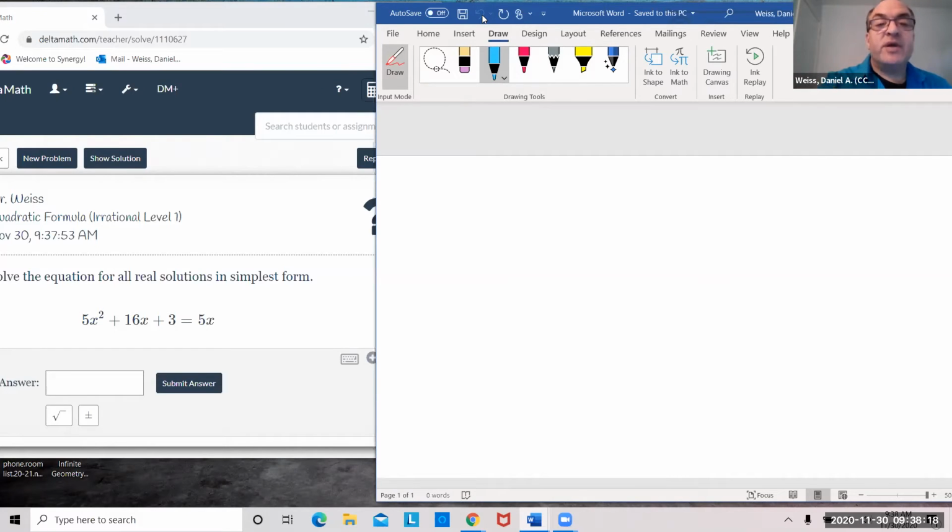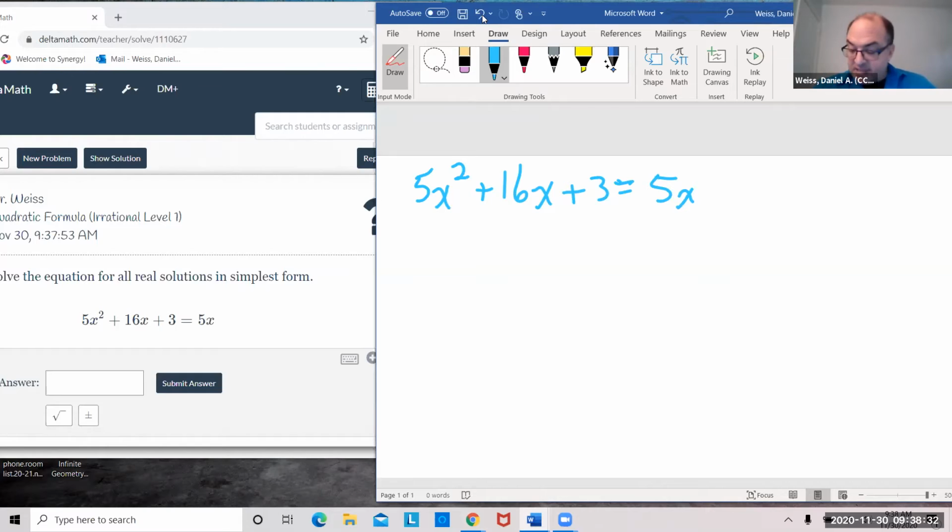Here we go, Marston. We got 5x squared plus 16x plus 3 equals 5x. I need to get this thing set equal to 0. So I'm going to minus 5x from both sides.